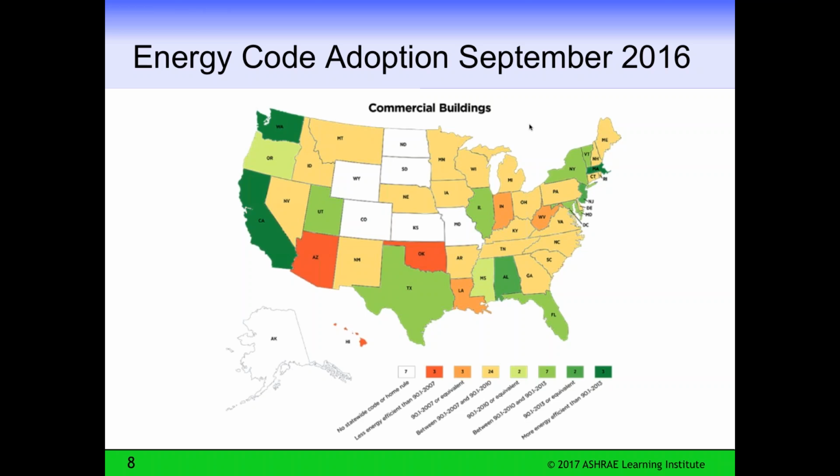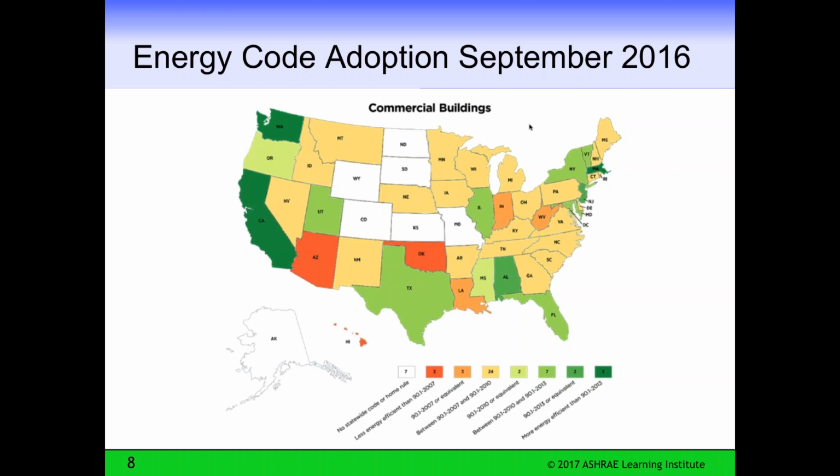Now, presently the federal government has not adopted 2016 as the code for the federal government. We're going through a determination, and the DOE was hopeful that they were going to be able to announce in October that the determination was complete, but it's been delayed a couple of weeks or so.